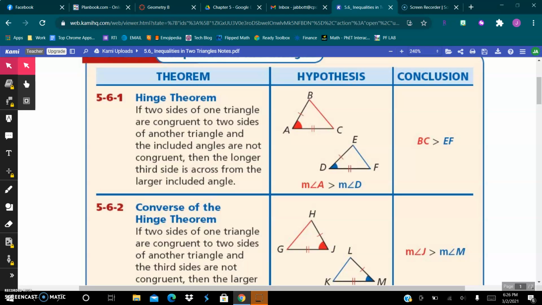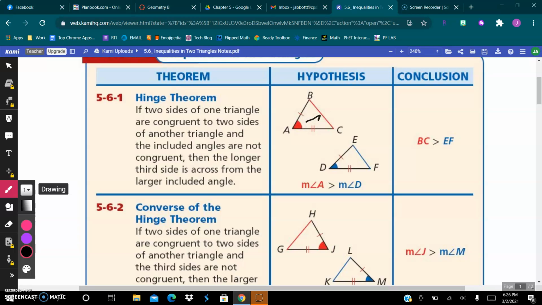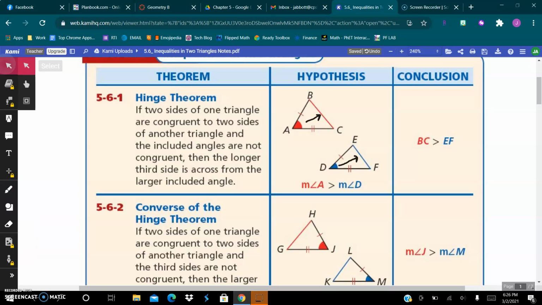The measure of angle A is larger than the measure of angle D. Then we can conclude from that the side opposite the larger angle, so if A is the larger angle, that side opposite, which would be BC, is longer than the side opposite of the smaller angle, which would be EF. You can look at it and tell, but this is proving this is true.